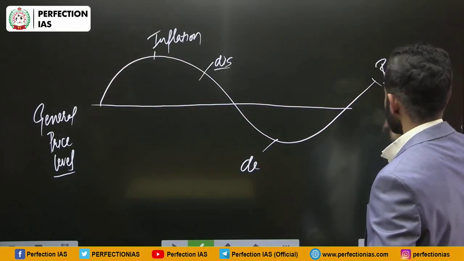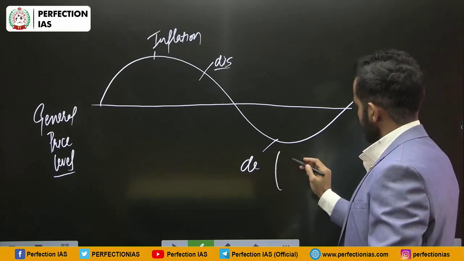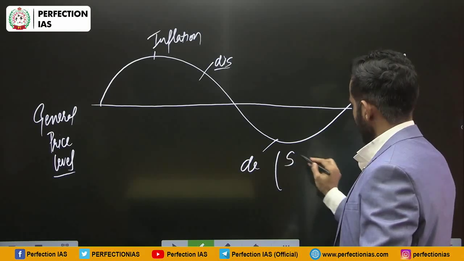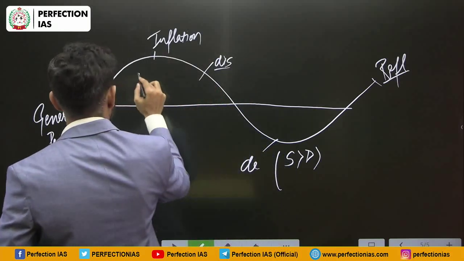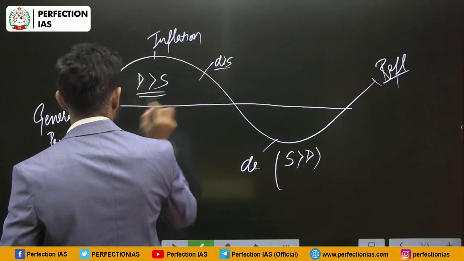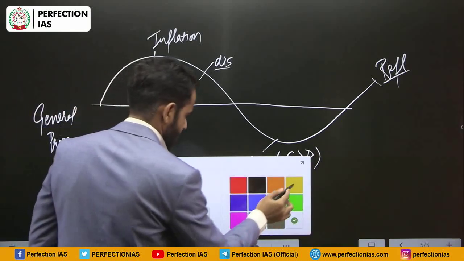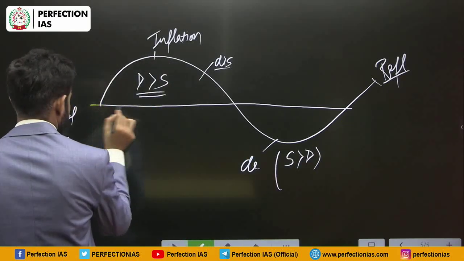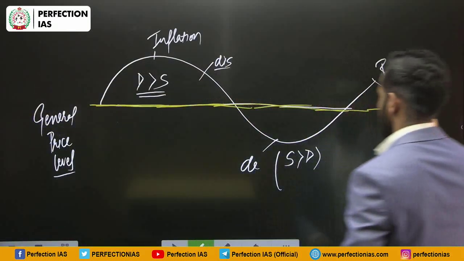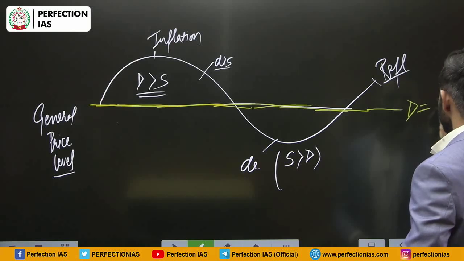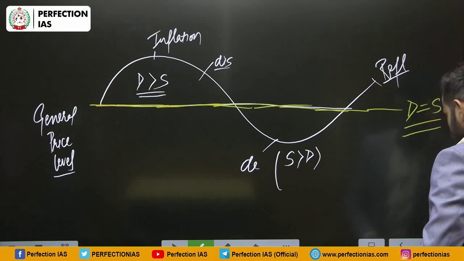We have already covered these topics in our previous lecture. So this will be a situation of supply is greater than demand. This will be a situation of demand is greater than supply. So at general price level, that means at this yellow level, D, that is demand, is equal to S, that is supply. So this is the first situation.